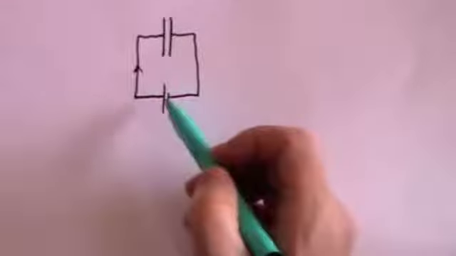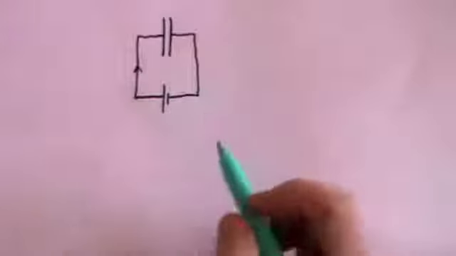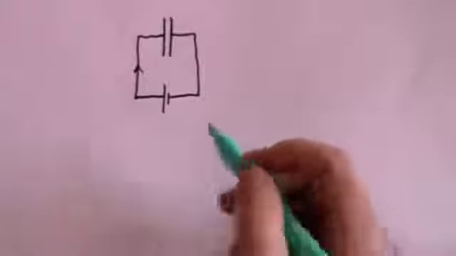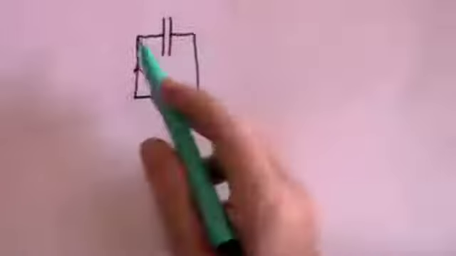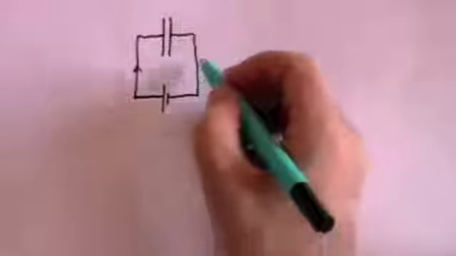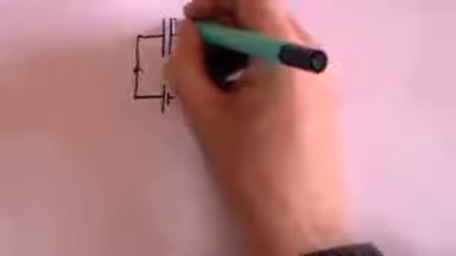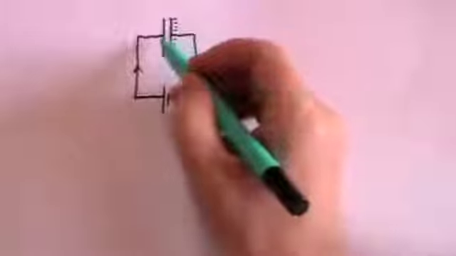So what happens? Well, the conventional current flows from plus to minus. But what is actually happening in electricity is that electrons are flowing, and they flow from minus to plus. So the electrons will flow until they get to this plate, and then they will congregate on the plate because they cannot jump across the gap.